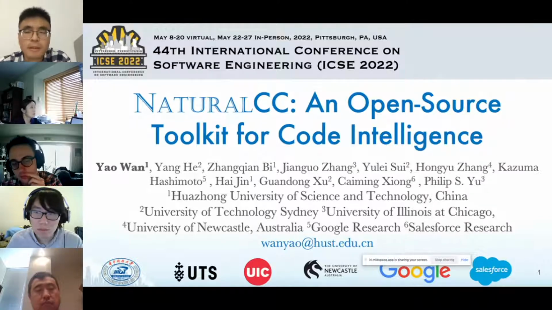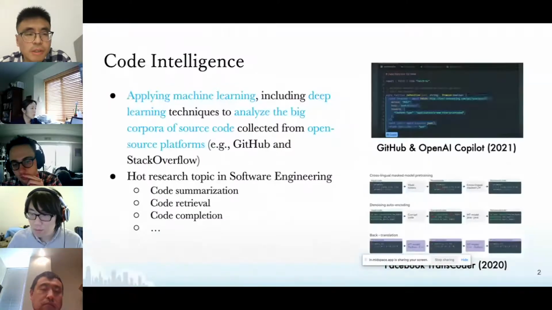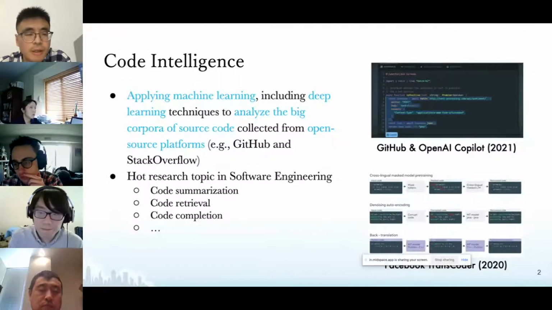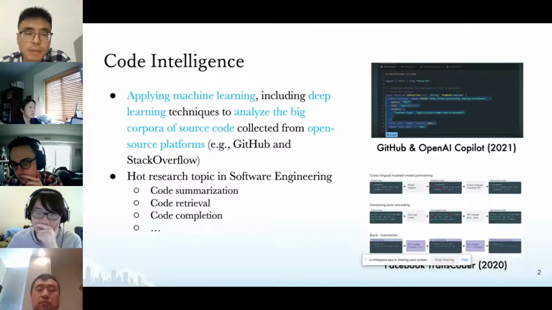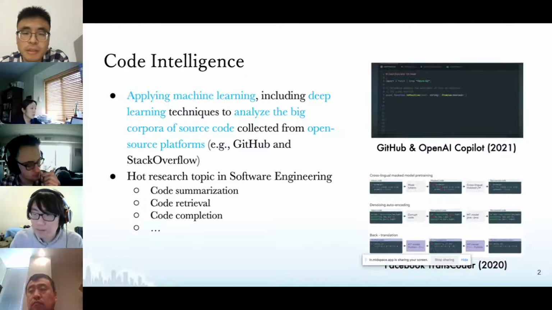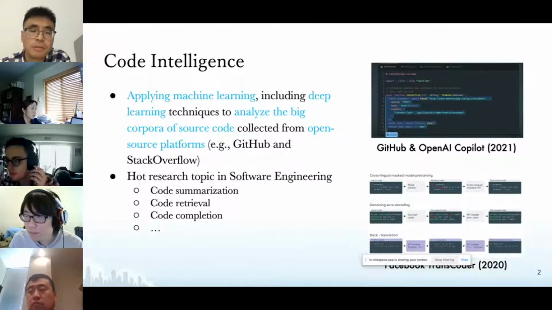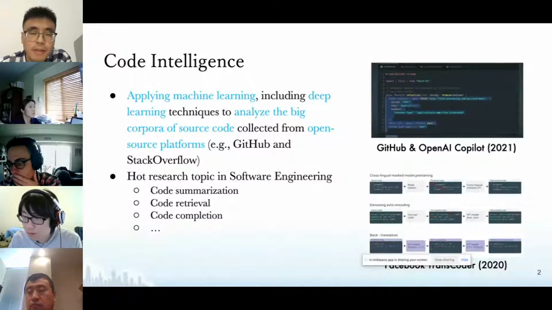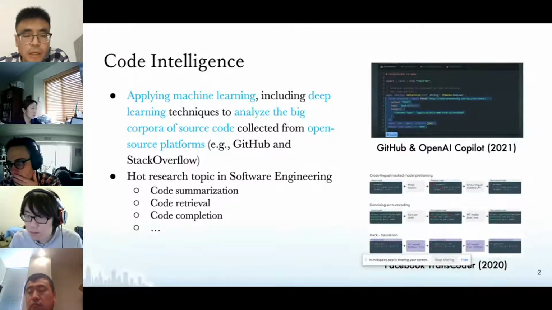So, firstly, what is code intelligence? In my view, code intelligence is about applying machine learning techniques, especially deep learning techniques, to analyze big corpora of source code, which are collected from open source platforms such as GitHub and Stack Overflow.